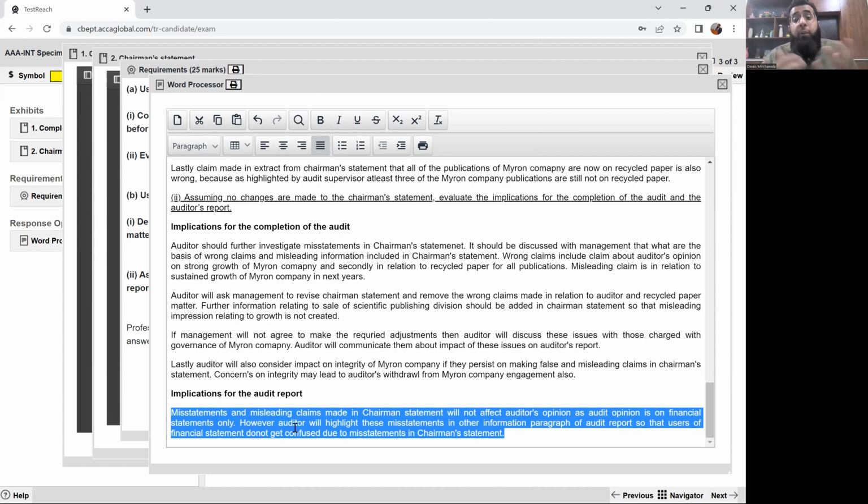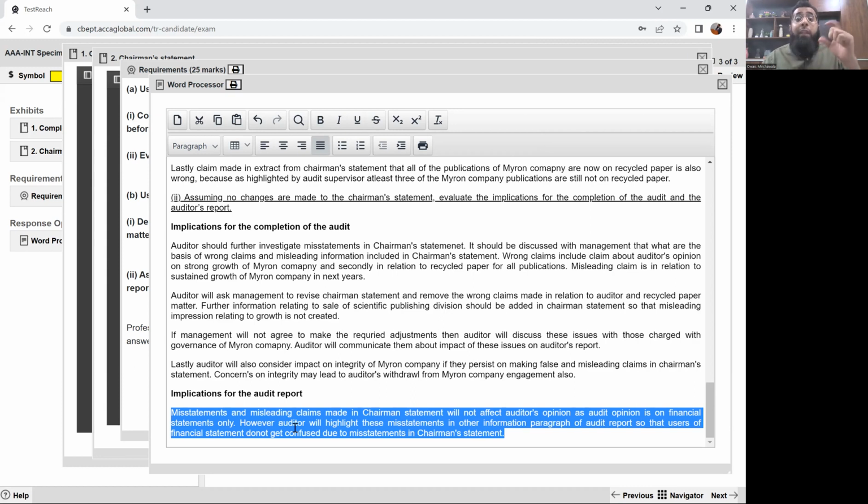You can explore more about other information paragraph. In other information paragraph, auditor will write that other information is not the responsibility of auditor. It is the responsibility of the management, and auditor will highlight these inconsistencies so that the users will not get confused.